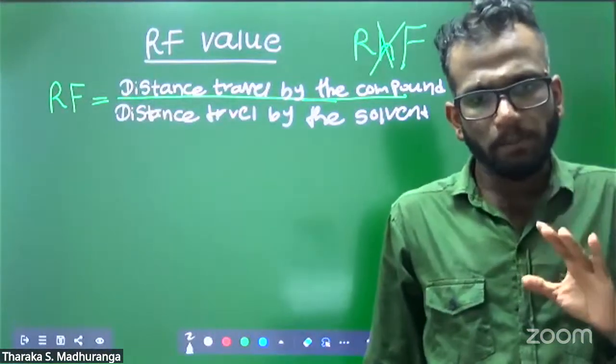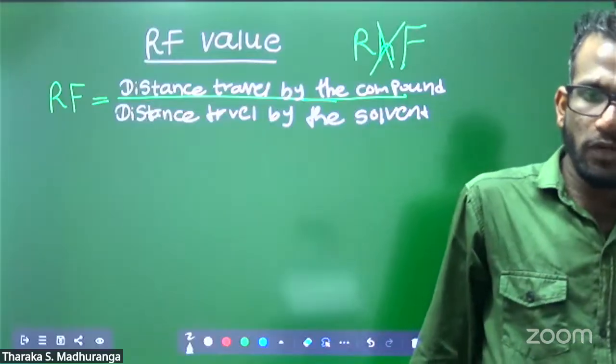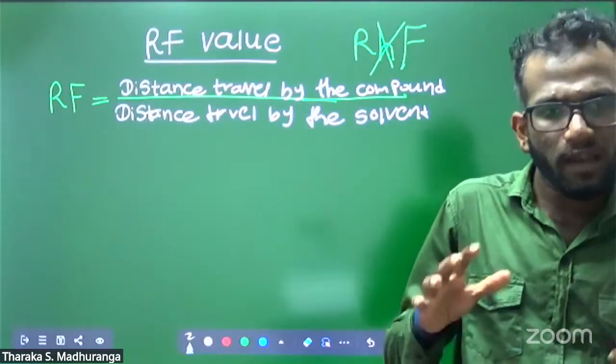Distance traveled by the compound over distance traveled by the solvent. This ratio we call the RF value.